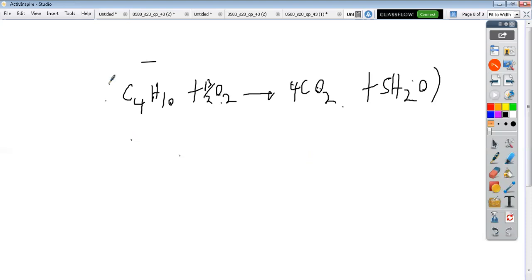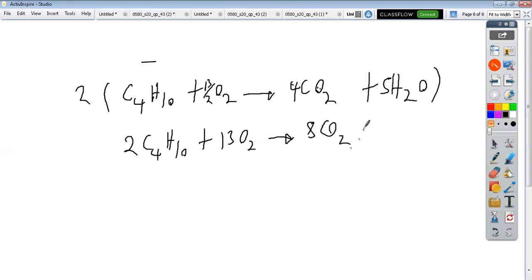Then multiply the whole equation by 2. So I have 2C4H10 plus 13O2 to produce, times 2, that's 8CO2 plus 10H2O.